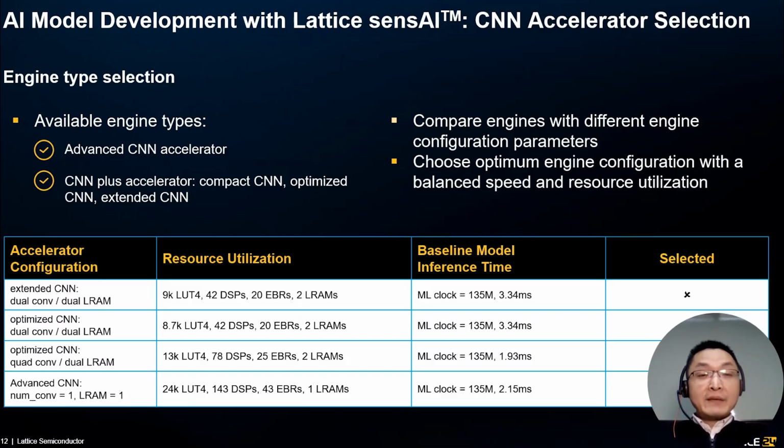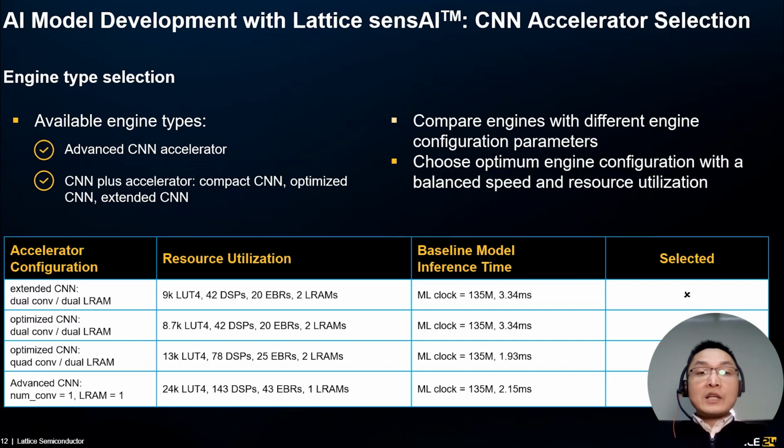After the baseline AI model was built, we selected the engine type which is the most suitable to run this model with FPGA. For Lattice Cirrus Pro FPGA, there are different engine types that can be supported, which include the advanced CNN accelerator and the CNN Plus accelerator.